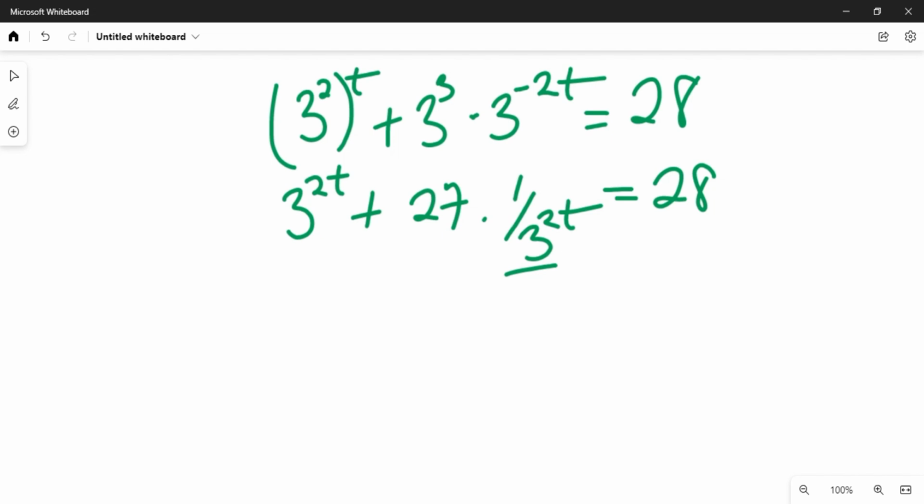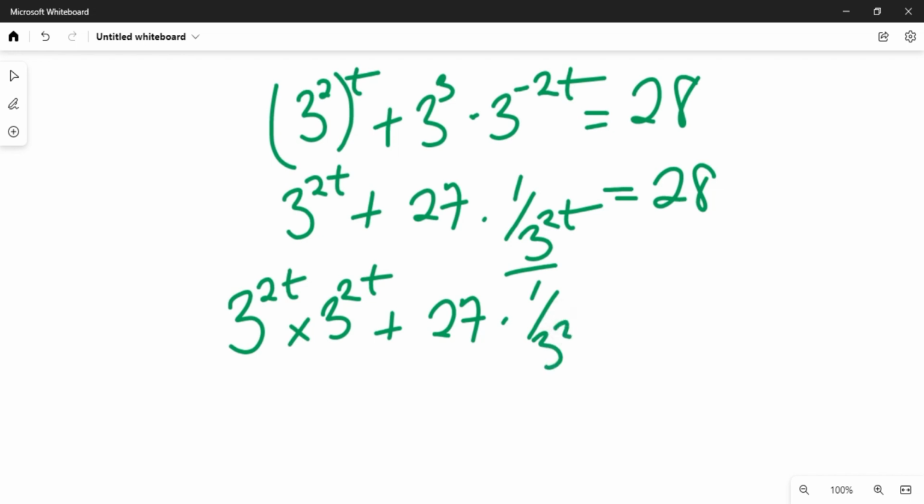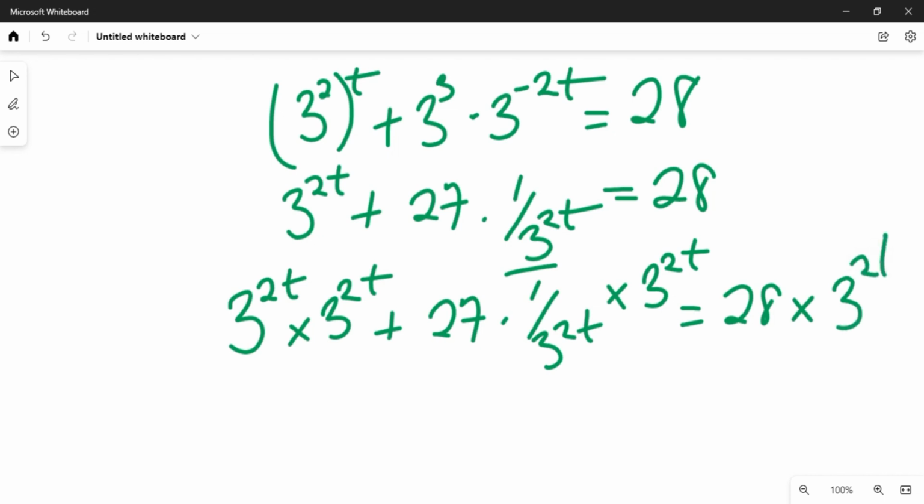So we'll have 3 raised to the power 2t multiplied by 3 raised to the power 2t plus 27 times 1 over 3 raised to the power 2t. This will be multiplied by 3 raised to the power 2t equal to 228 times 3 raised to the power 2t. So this will clear this and we'll be left with what?